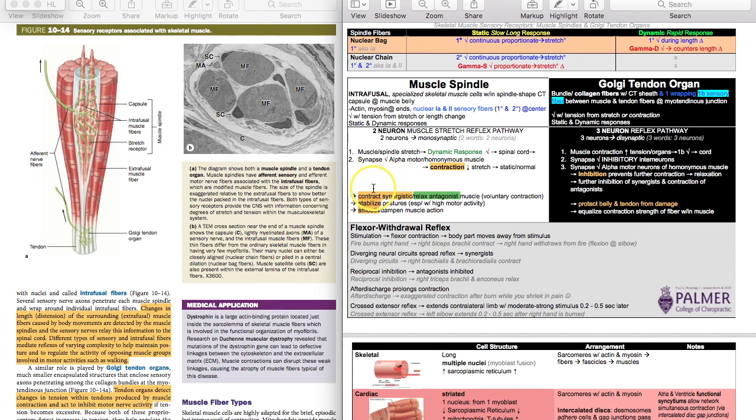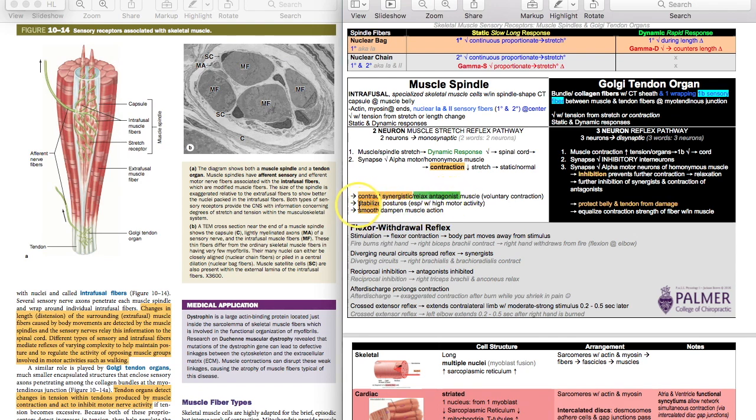So if this spindle is in your biceps brachii and you're flexing your elbow, it's probably going to send for some help to contract synergists in elbow flexion, like brachialis, or if your hand is pronated enough, brachioradialis. Okay, and it's going to assist in that synergistic elbow flexion motion, while also synapsing on neurons to relax the triceps, so that your triceps aren't fighting your biceps.